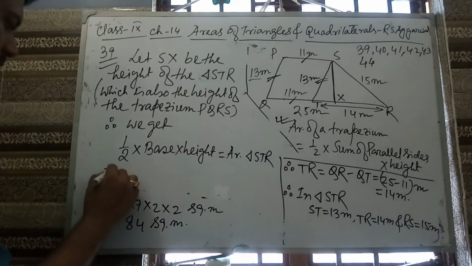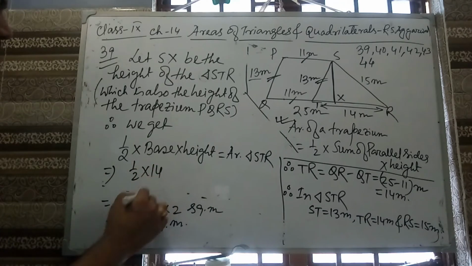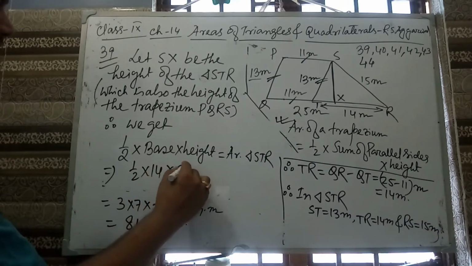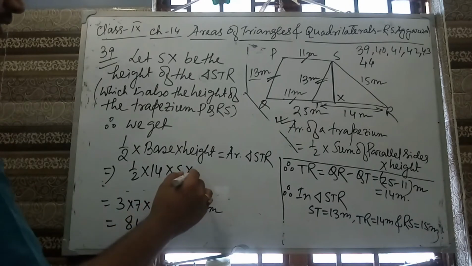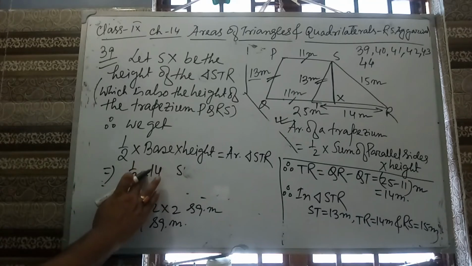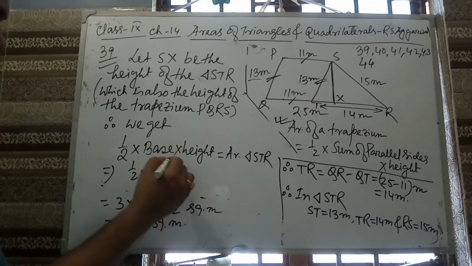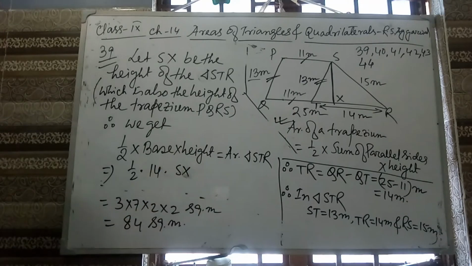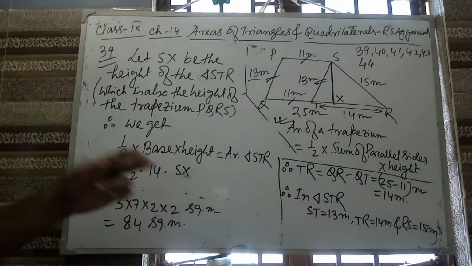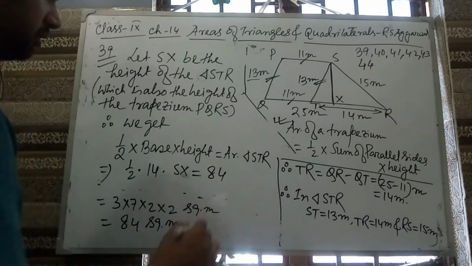Put the values. Half into base, TR equal to 14 meter. Height we have taken as SX. This product sign and X may make you confused, so I am using dot. So half into 14 into SX equal to area of triangle STR, that is 84.